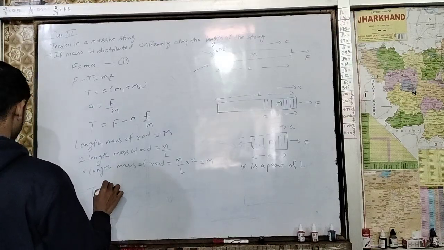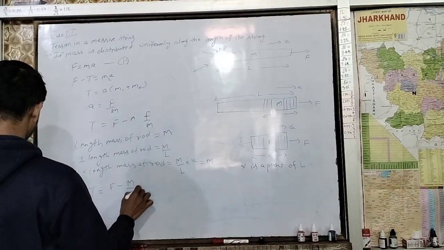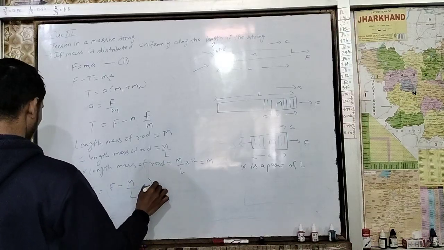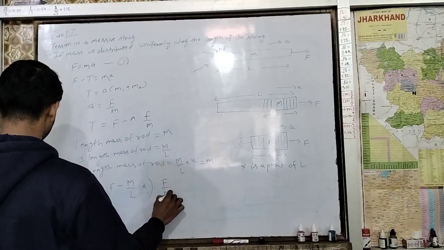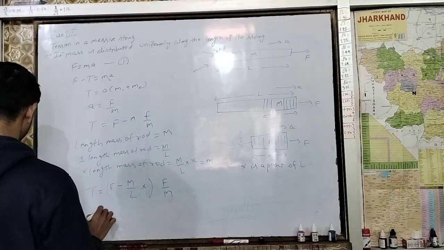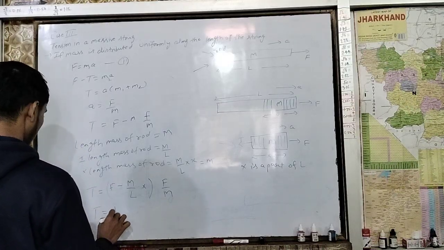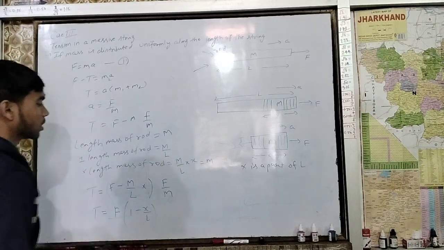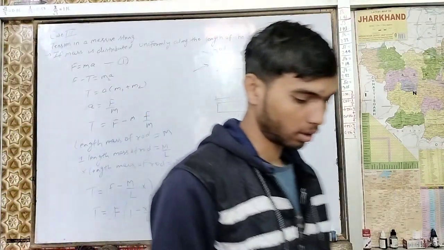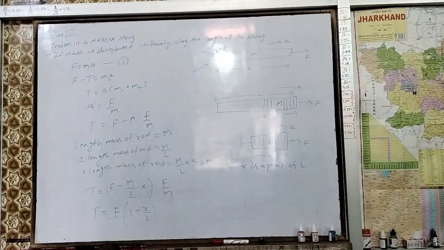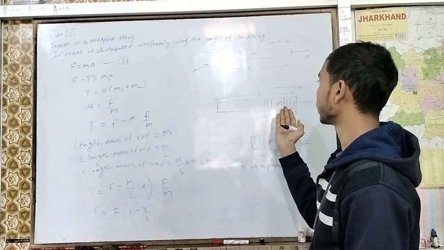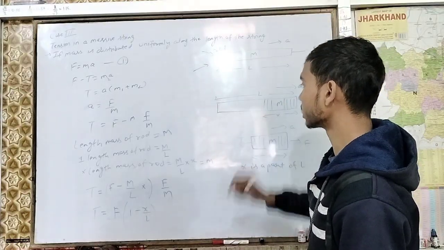T is known as F minus m upon L multiplied into x, then into F upon M, which gives T is equal to F into 1 minus x upon L. This is our equation. Try to understand. This was the rod, and it is just a part of this complete rod.